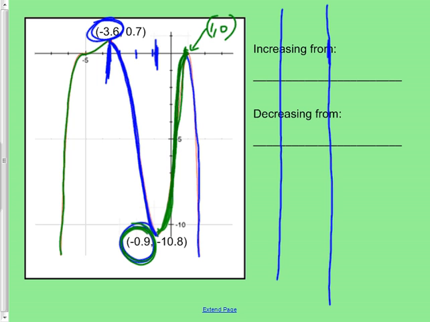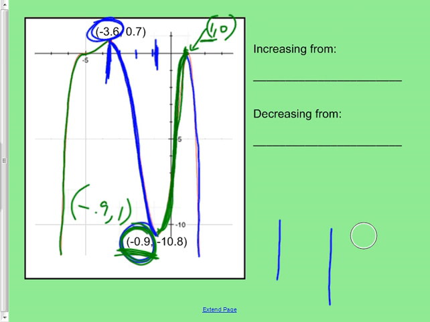So it's the x's of it, so it's from here to here. So it's from negative 0.9 to 1, and you put parentheses around it. So that's one of the places it's increasing. Remember, these are all x's. Negative 0.9 to 1. And there's another spot it was increasing. It's going forever.